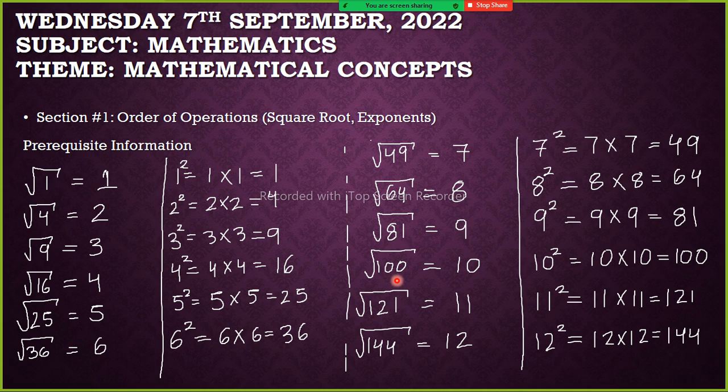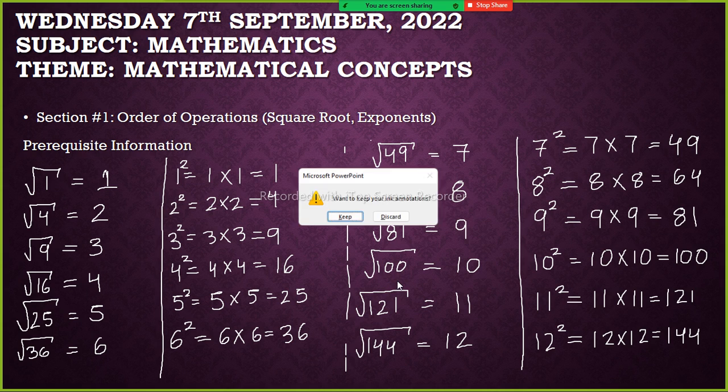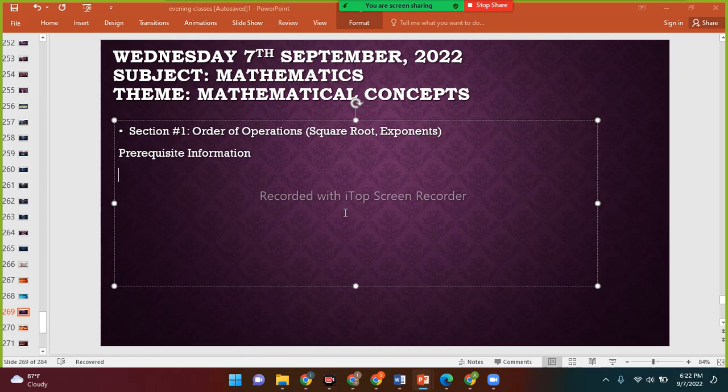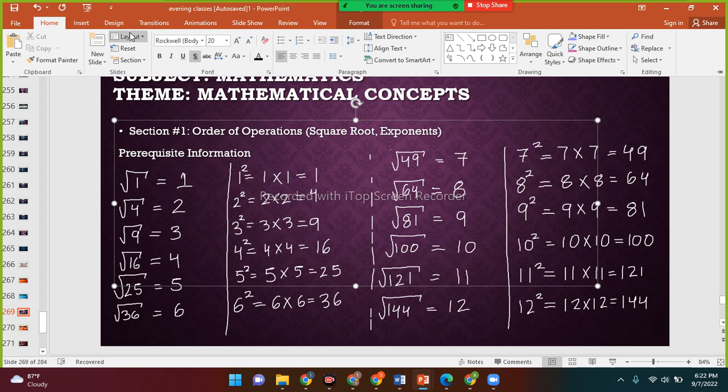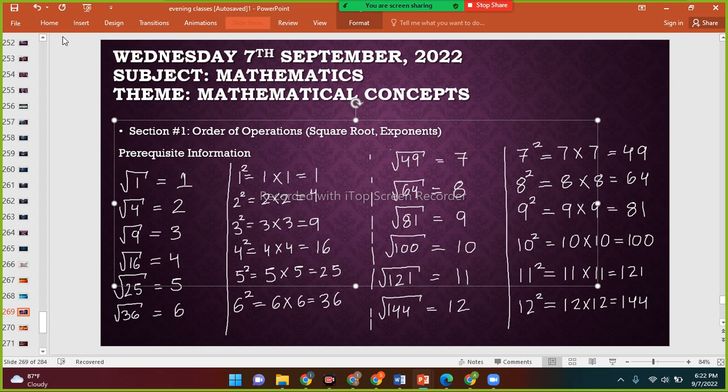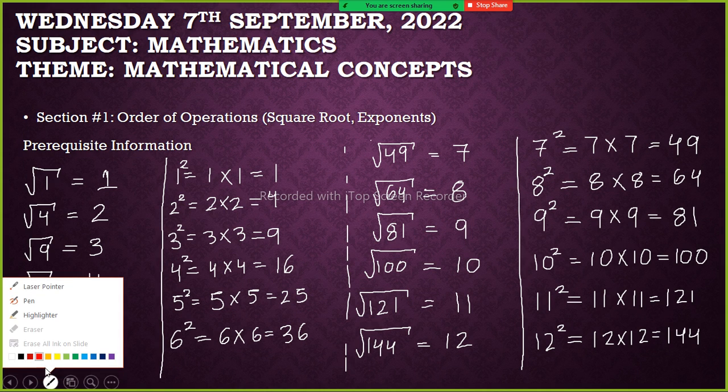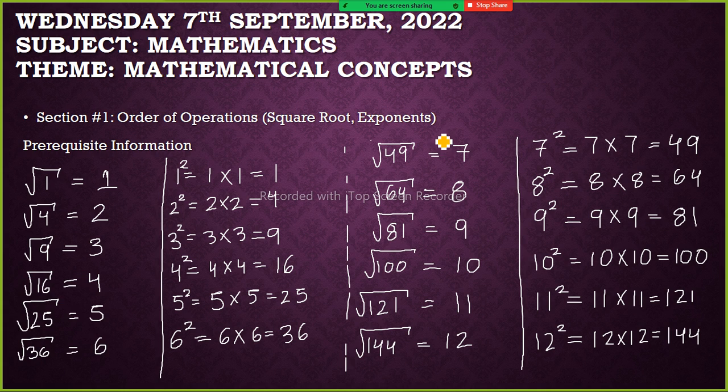All right. So that's the prerequisite information that we need in order to answer these questions. So let's begin. Oh, another thing that we need to know, let me just mention this briefly, is order of operations. Some of you know it, some of you don't. We did this before in this class in the summer.